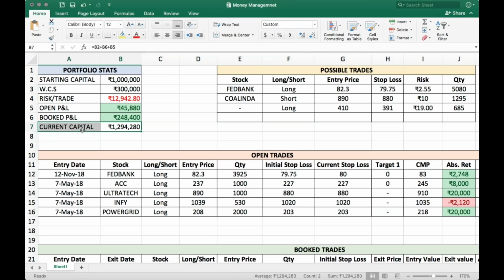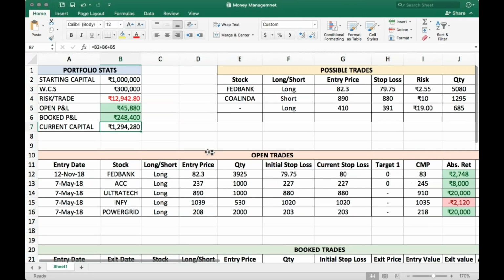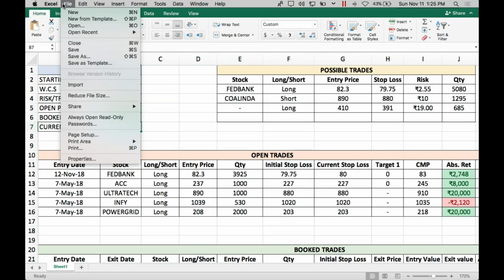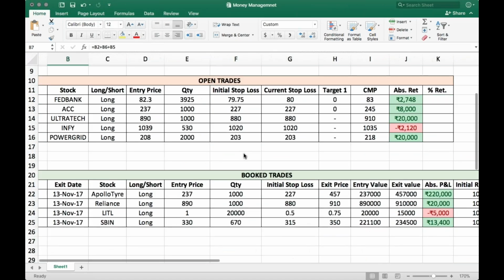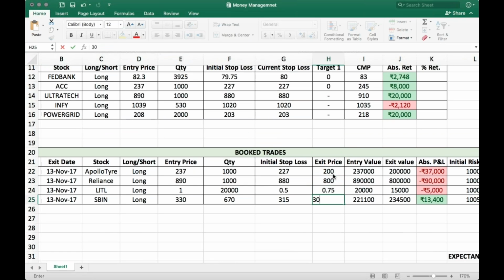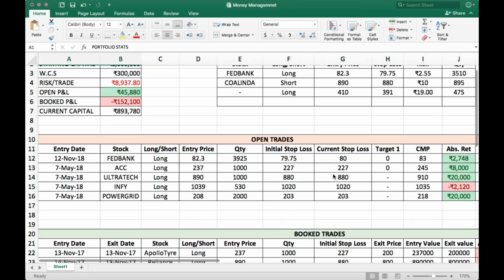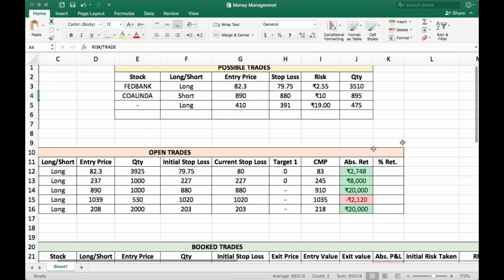Now, if your performance is bad, this number will go down. If you turn these trades to negative, you see that now your performance is negative and your risk per trade is less, so your quantity will be less.